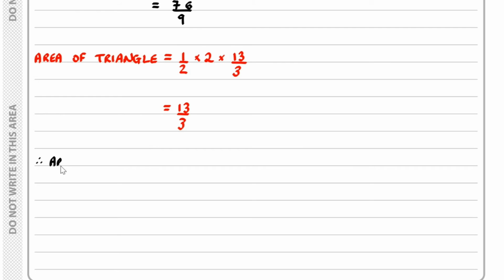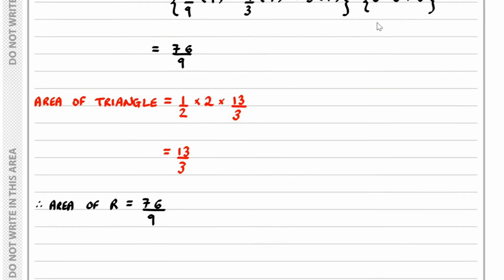And so therefore, the area of R is equal to the area under the curve, 76/9. So this is the area under the curve, which is 76/9.